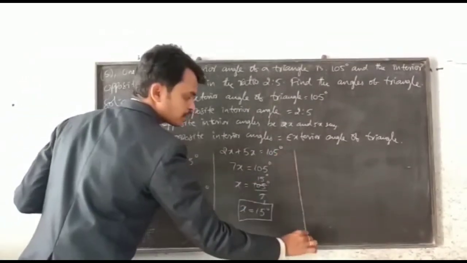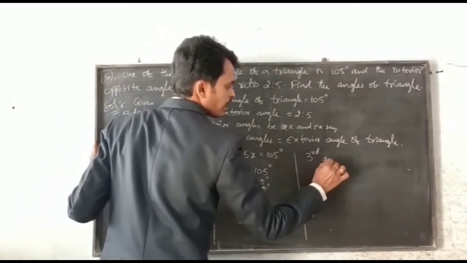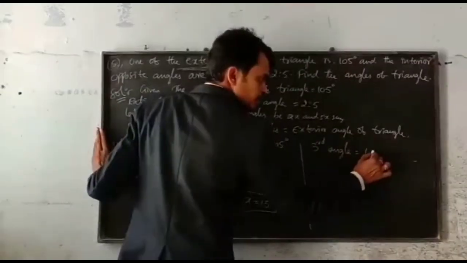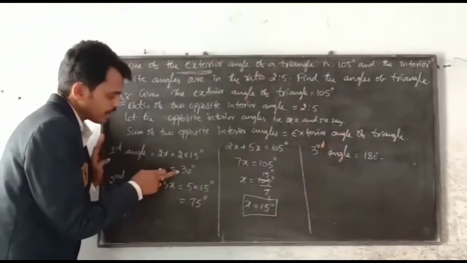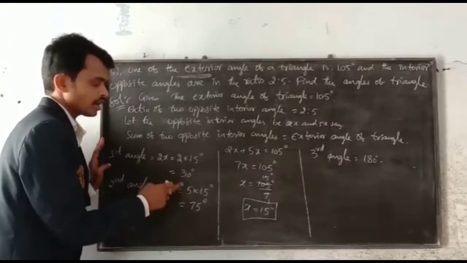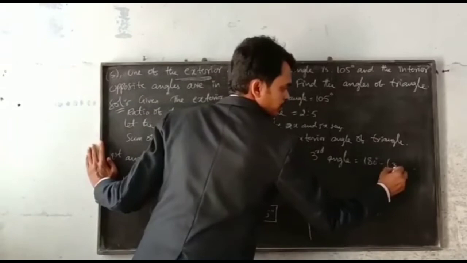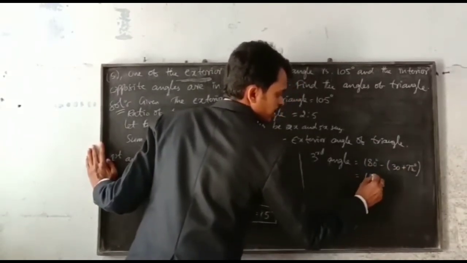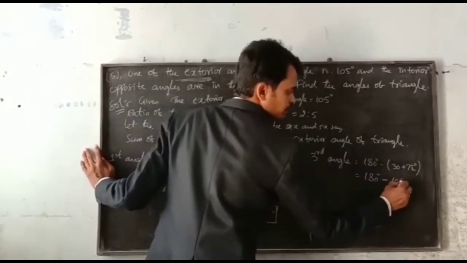Now we have to find the third angle. The sum of the three angles is 180 degrees. So from 180 degrees, subtract these two angles, and we will get the third angle. So 180 minus, 30 plus 75, how much? 105 degrees.